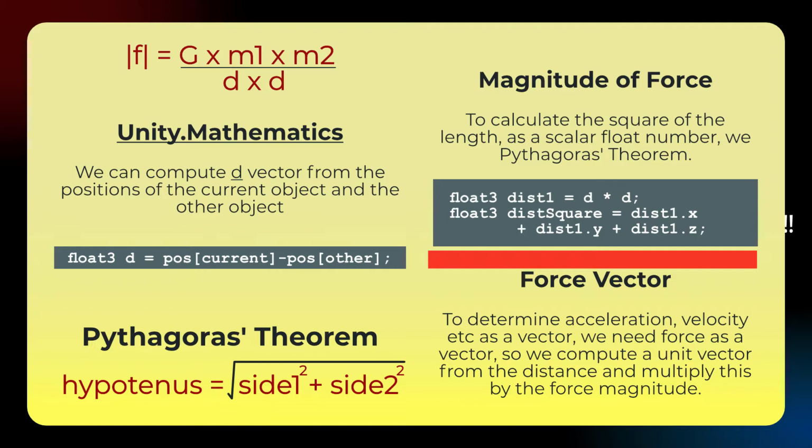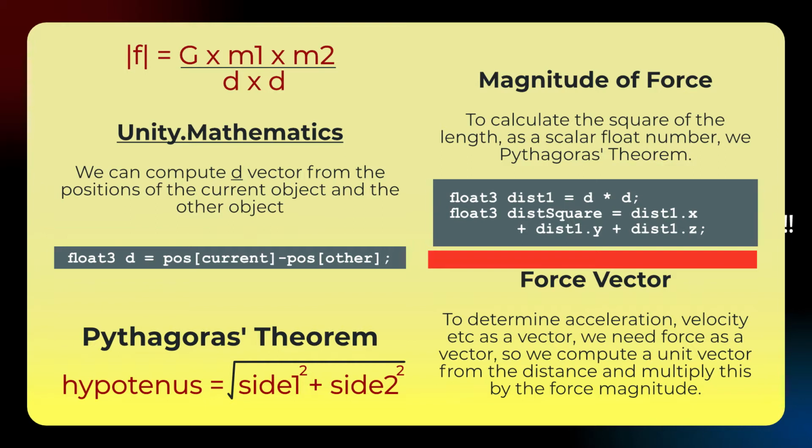So this calculation is very fast, and all we have to do is sum. If we have a temporary variable dist1 that equals d times d, now we have the x, y, and z parts separately multiplied, and all we have to do is add them up, and we get distance squared. And we can use that in this calculation for the force magnitude.